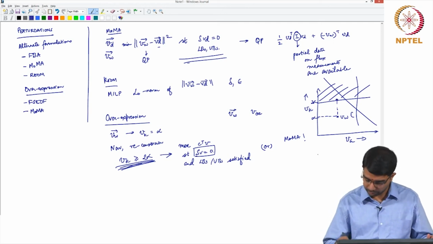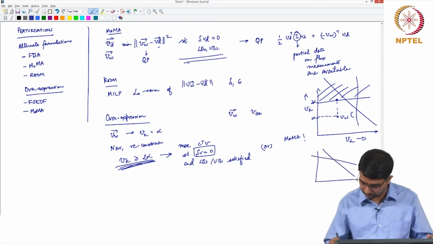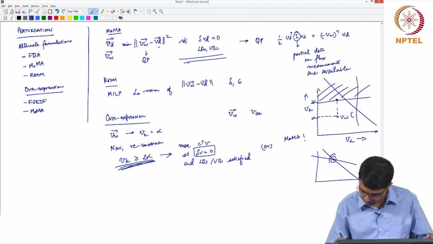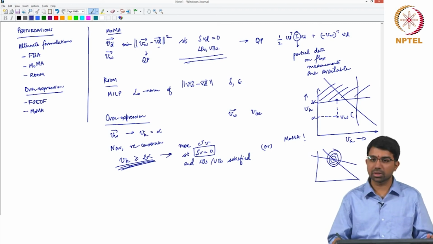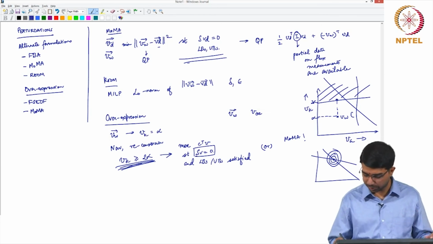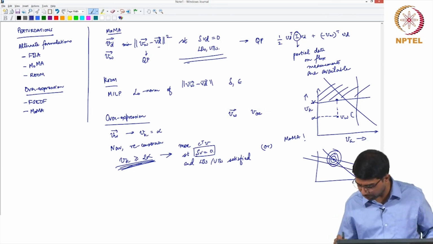using MoMA. So if you remember, if we actually had constraints like this and so on, MoMA essentially looks in circles around this, right. These are contours where Vw minus Vd is the same. Out of all of these, which of these cuts my new constraint? Let us say these are my new constraints.